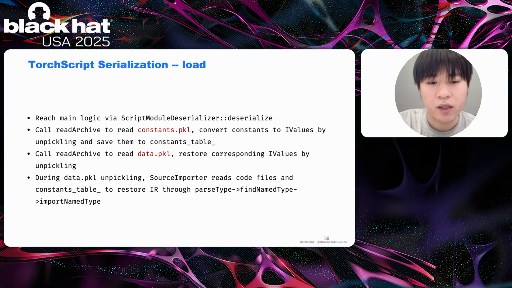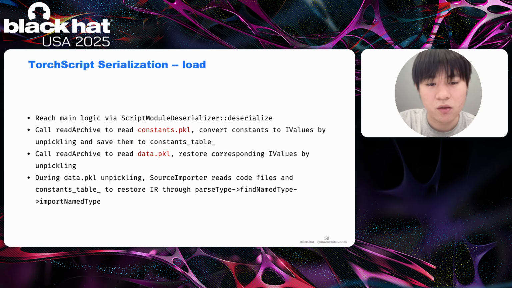Fourth, during data pickle unpickling, source importer reads code files and the constants table to restore IR through parse tab, find named tab, and import named tab. Now the deserialization is done.